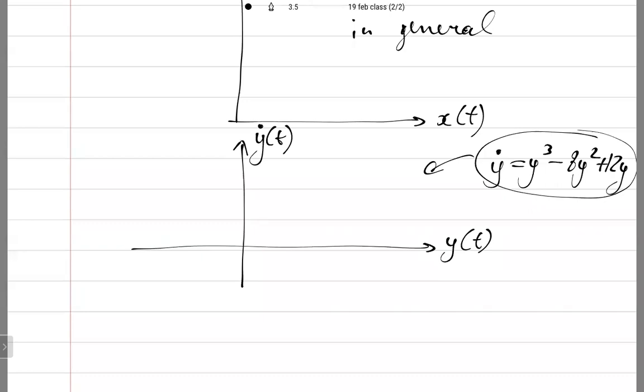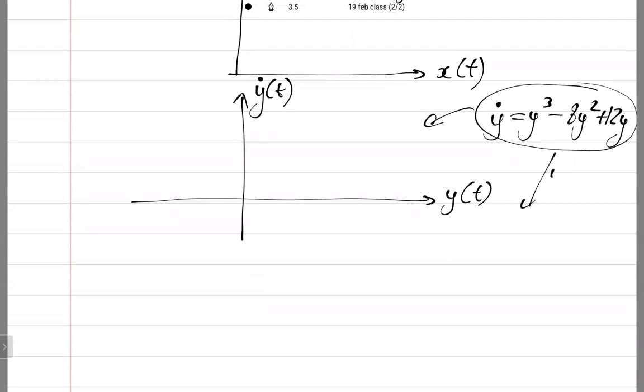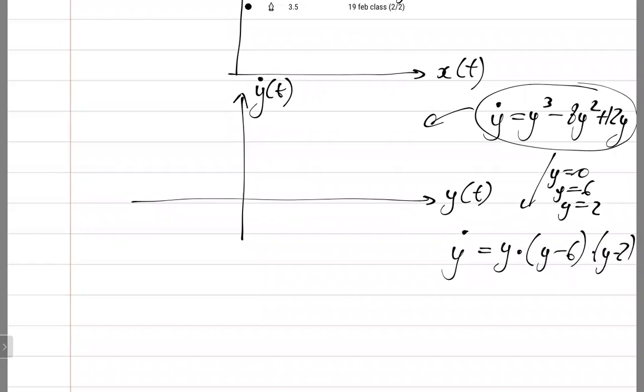Yeah, generally I agree. Using the roots we have found, we can factor this function into a product of 3 terms. It will be y times (y minus 6) times (y minus 2).